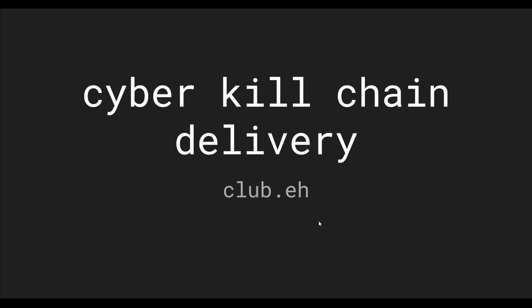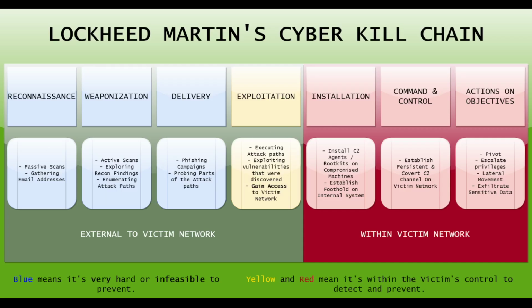But there we go. So this is the third segment of the cyber kill chain series, and the segment is delivery. So just a brief overview again of the cyber kill chain developed by Lockheed Martin. It's meant to simulate the attack life cycle that you see in the wild.